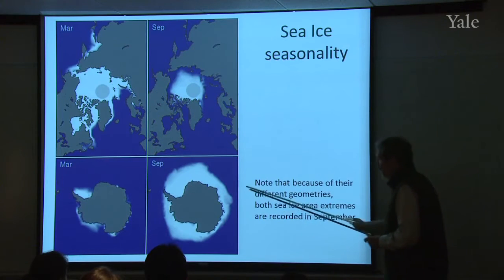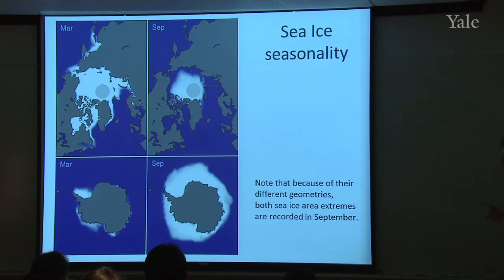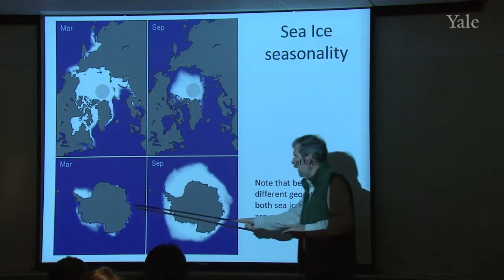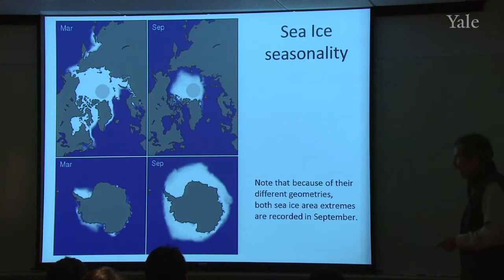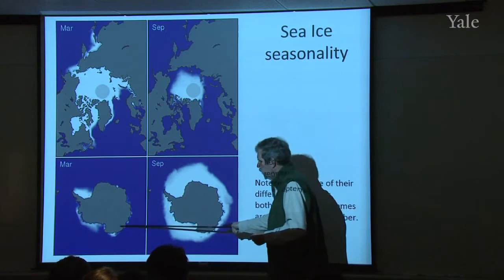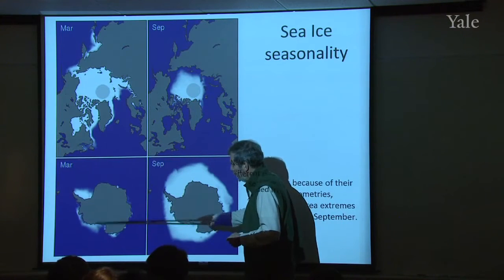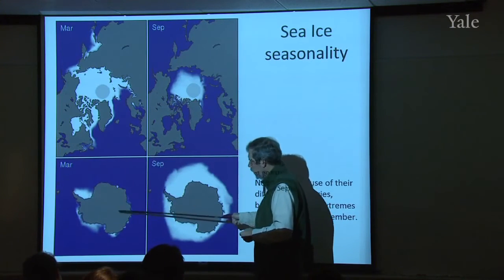Now, of course, in the southern hemisphere, the seasons are reversed, and so it's in March that you'll have the minimum of sea ice, because that's the end of the warming season, and it pretty much drops to zero. In other words, you have a little bit of permanent sea ice remaining, but very little.